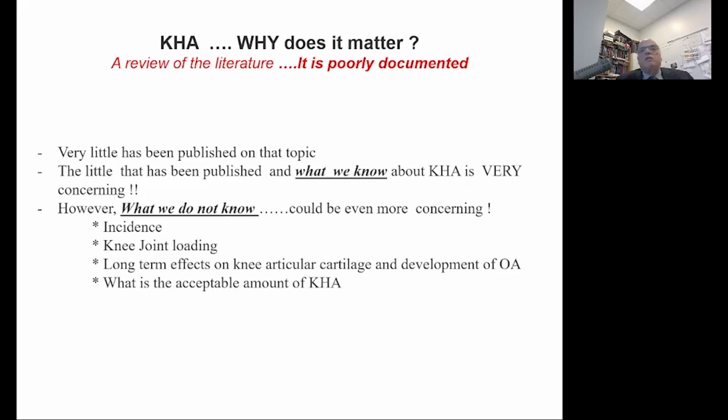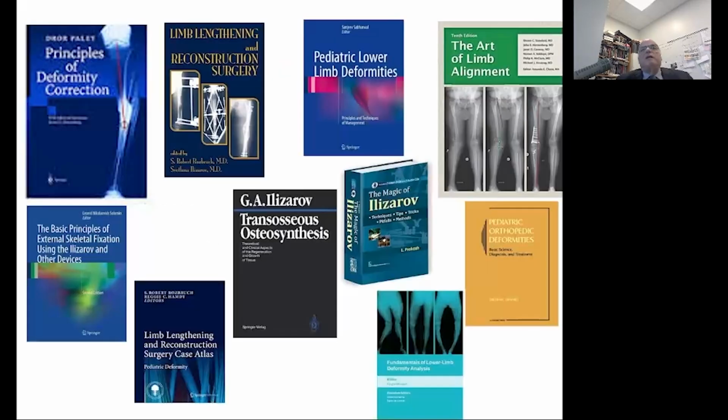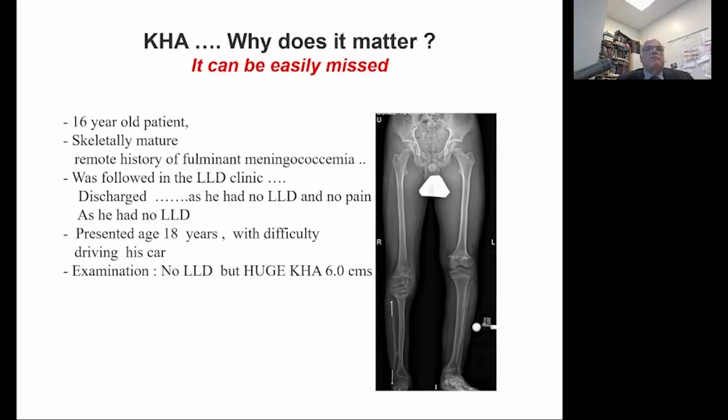However, what we do not know can be even more concerning. We don't know exactly the incidence. We don't know details of the knee joint loading. We don't know the long-term effects on the articular cartilage and development of OA. And more specifically, what is the acceptable amount of knee height asymmetry? I have gone through all the main textbooks about deformity correction, and there is no chapter or mention of knee height asymmetry as a separate entity.